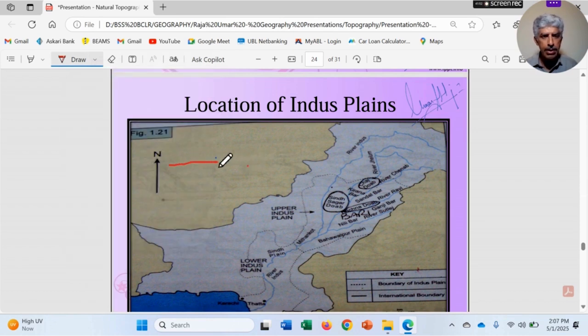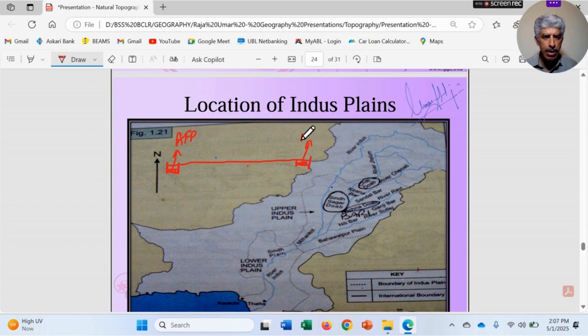Again, if this is the Doab, one river is over here and the other river is over here, then about 200 meters area from this river and 200 meters from the other river, these regions are known as active floodplains.